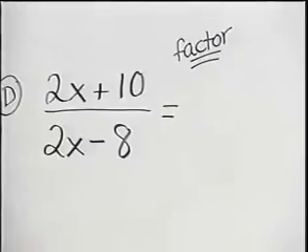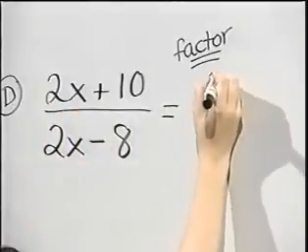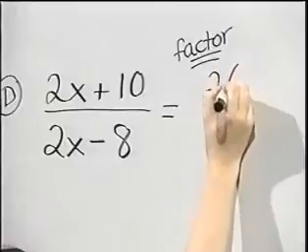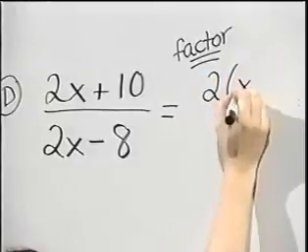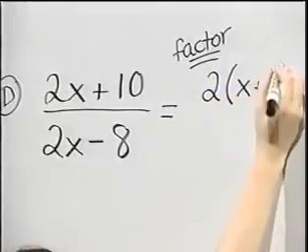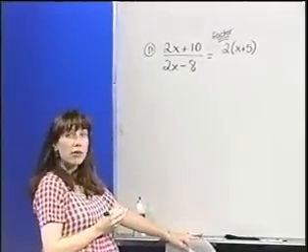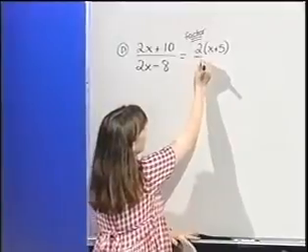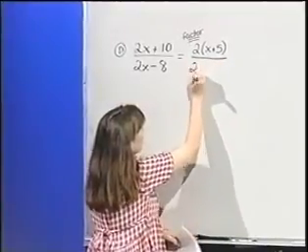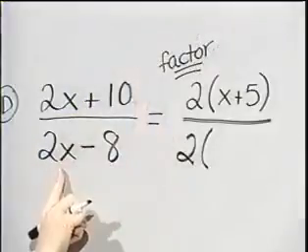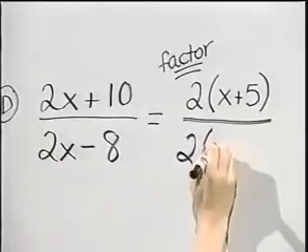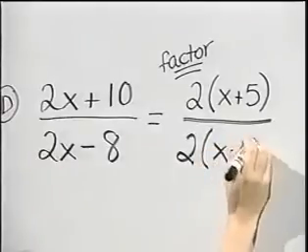So let's factor. On the top, if you have 2x plus 10, you want to take out a 2, and then you're left with x plus 5. In the denominator, you can also factor out a 2, and when you take out a 2 from the bottom, you're left with x minus 4.